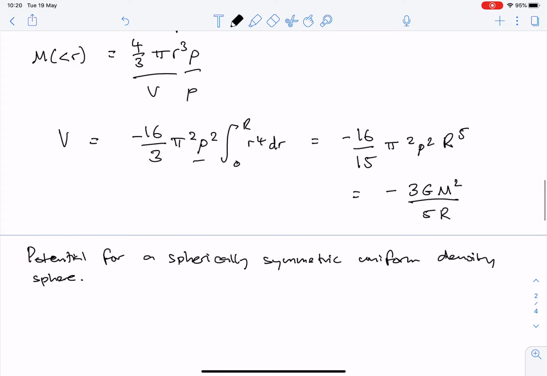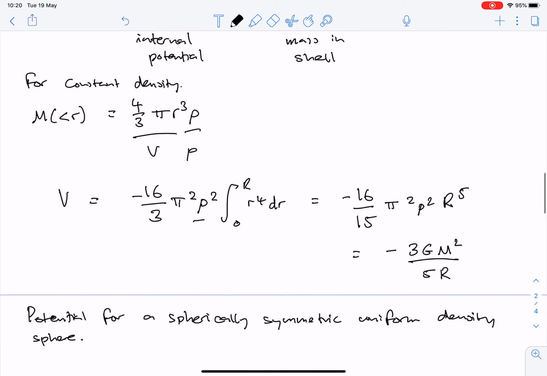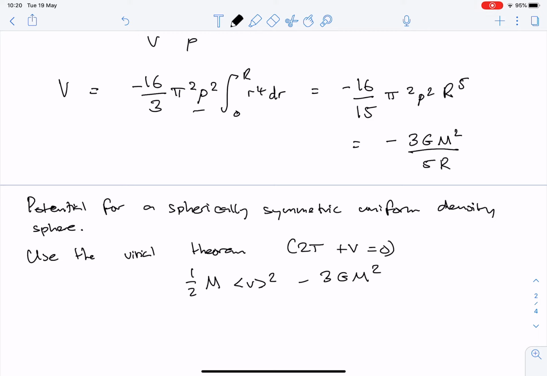And then if I use the virial theorem, right, I can use the virial theorem now to get a mass. And the virial theorem, remember, says 2T plus V equals 0. And I've got, therefore, a half M v squared minus 3GM squared over 5R.